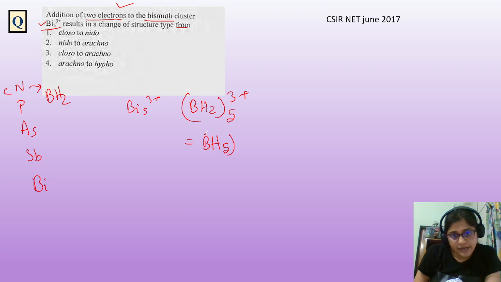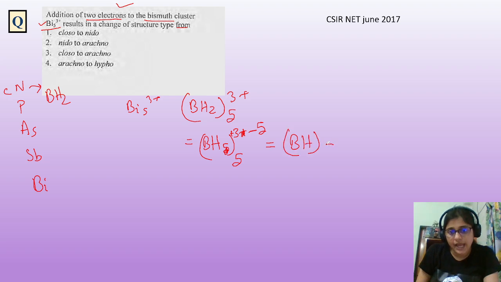BH5, and 10 hydrogen was there. So 3 plus was previously there, and we have to subtract 5 hydrogen from there, because here we have taken 5 hydrogen. So 5 hydrogens are left. So it will be BH whole 5, and I hope you have understood this.